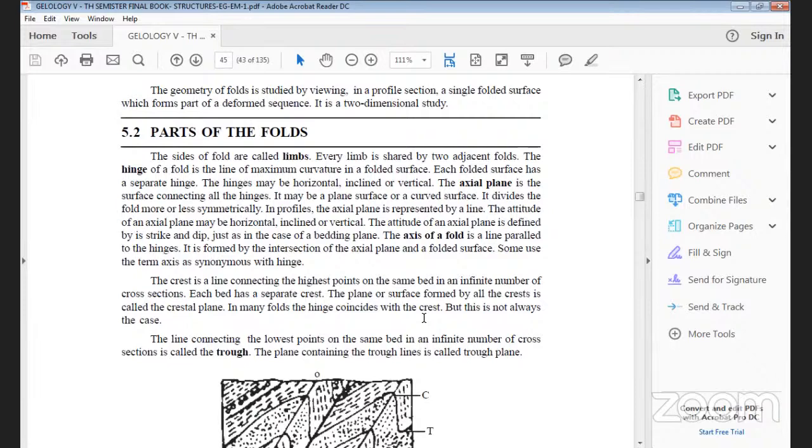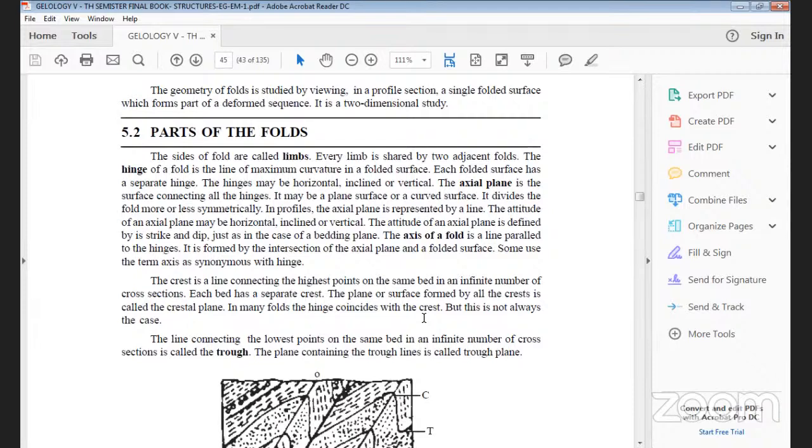It is formed by the intersection of an axial plane and the folded surface. Some use the term axis as synonymous with hinge. Here we find two terms: one is a crest and the second is a trough.